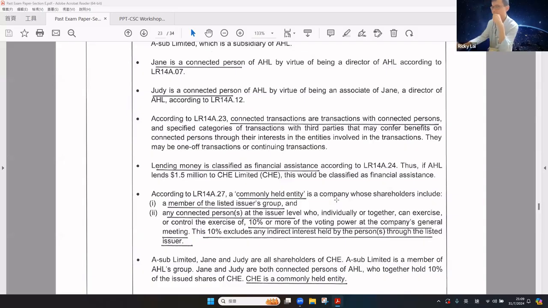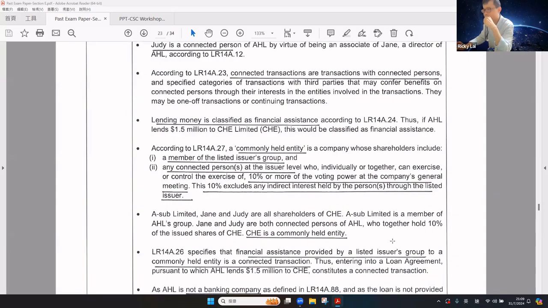They may be one-off transactions or continuing transactions. Money lending is classified as financial assistance. Therefore, the listed company lending $1.5 million to CHE could be classified as financial assistance.